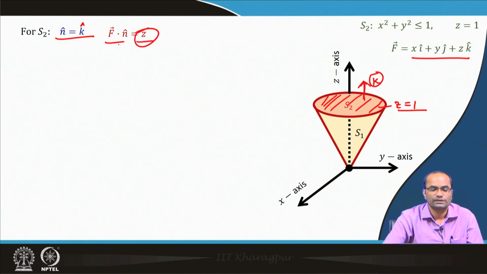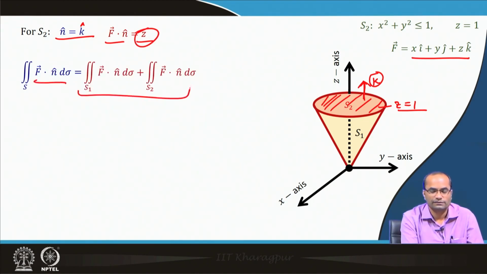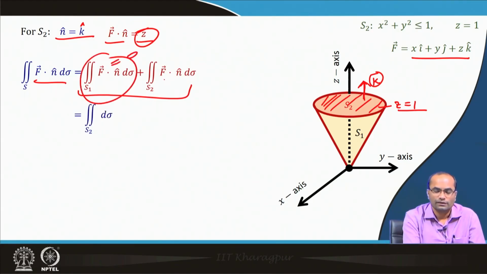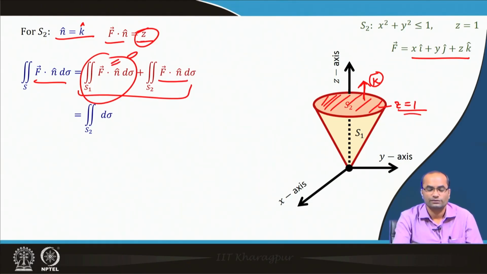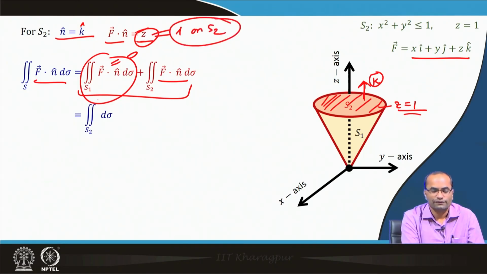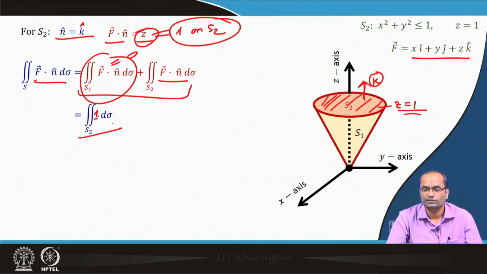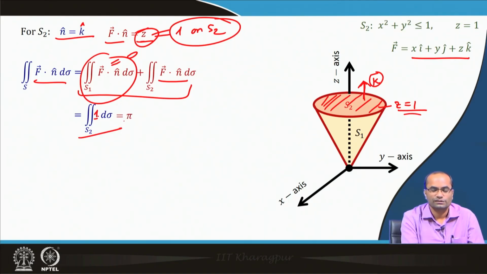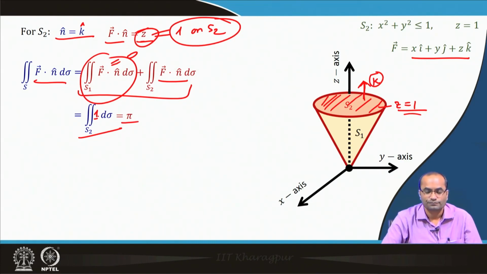On S2, z is 1, so we have 1 as the integrand, and we are integrating over S2. That is nothing but the area of this disk, which is pi r square, with r equal to 1. So, we have the value pi there.